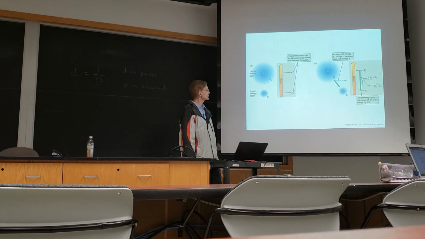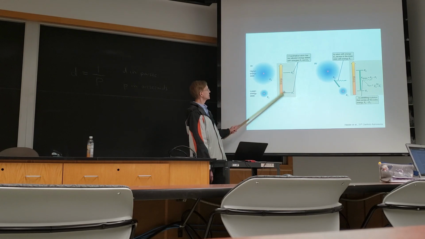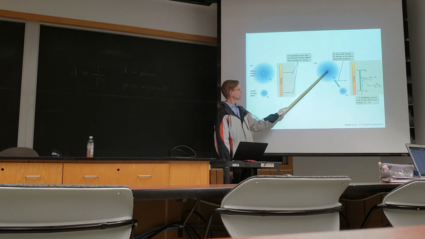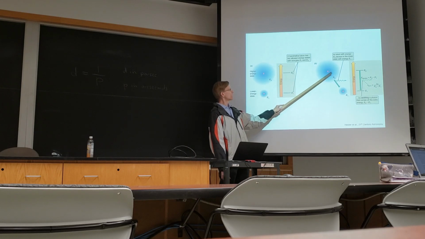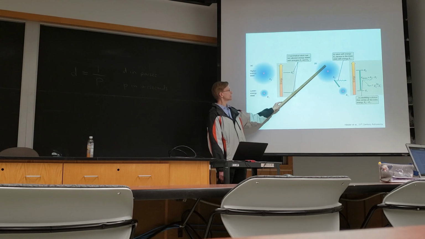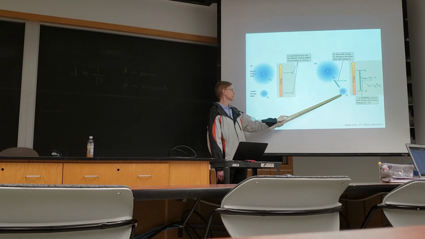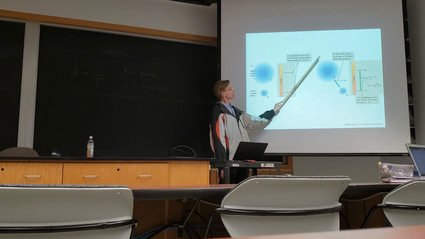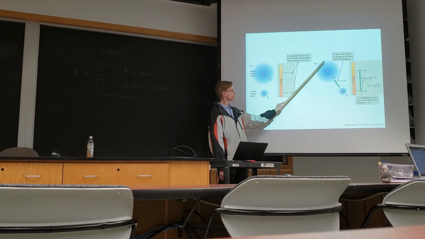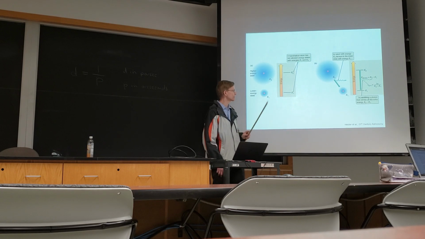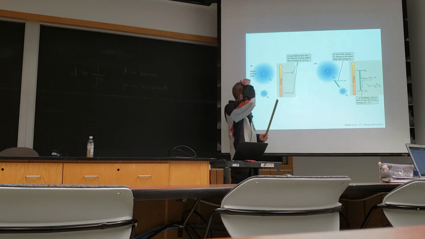So here's an illustration of an atom, an imaginary atom that's only got two energy levels, E1 and E2, and here it's emitting a photon by the electron going from energy level E2 to energy level E1, really from the wave function shape associated with the second energy to the wave function shape associated with the first energy.